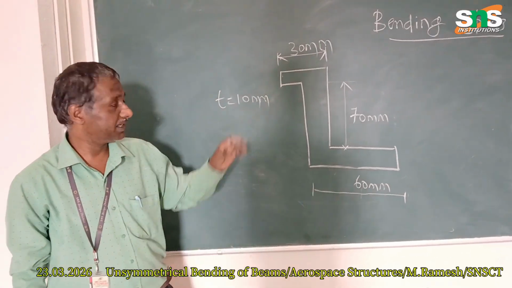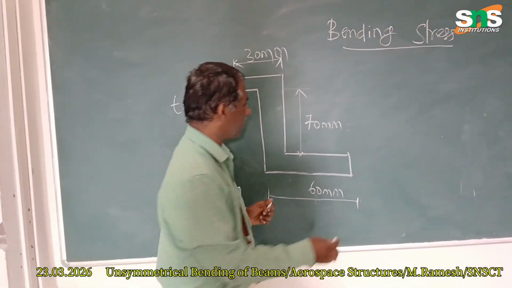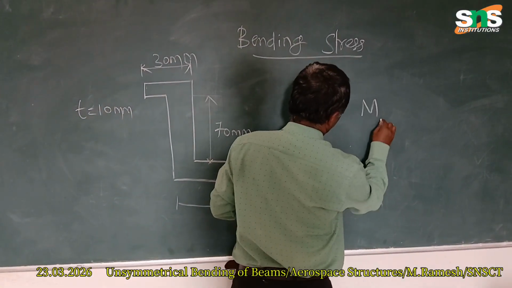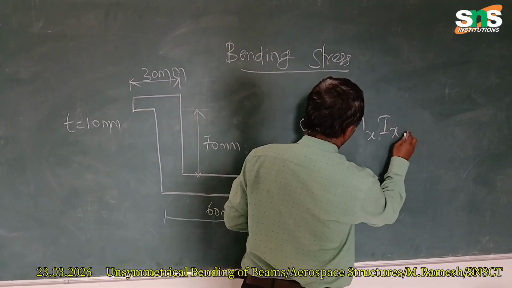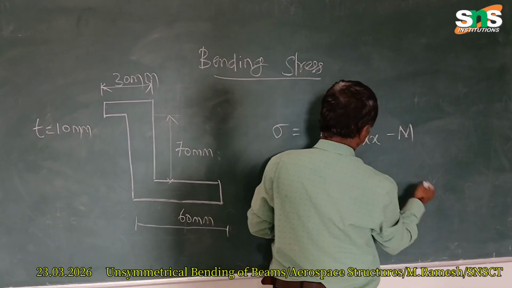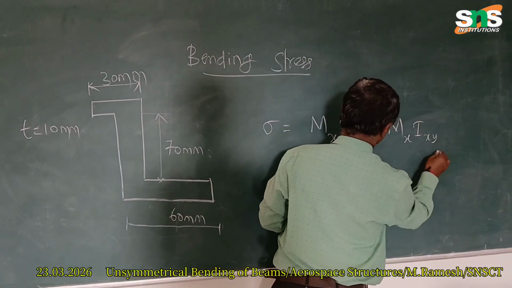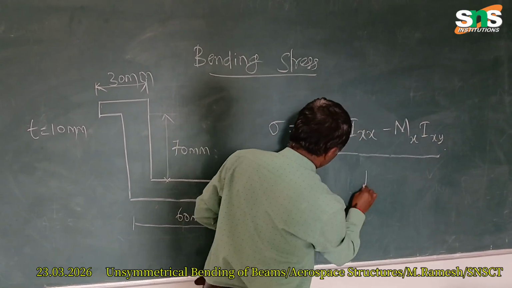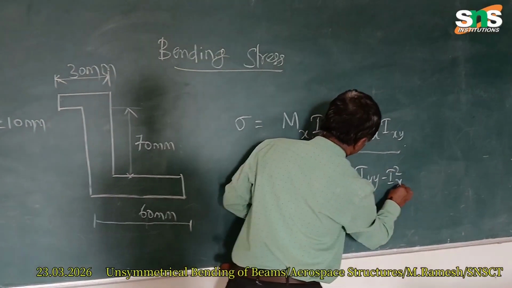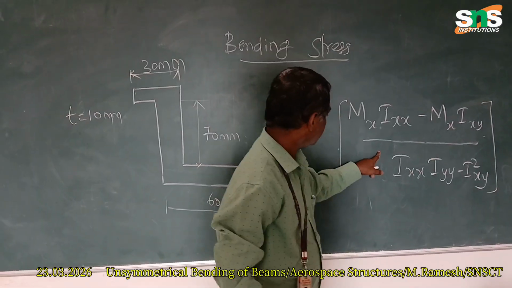How do we find the bending stress? The bending stress can be calculated using the equation sigma equals Mx into Ixx minus Mx into Ixy, divided by Ixx into Iyy minus Ixy squared, into y.